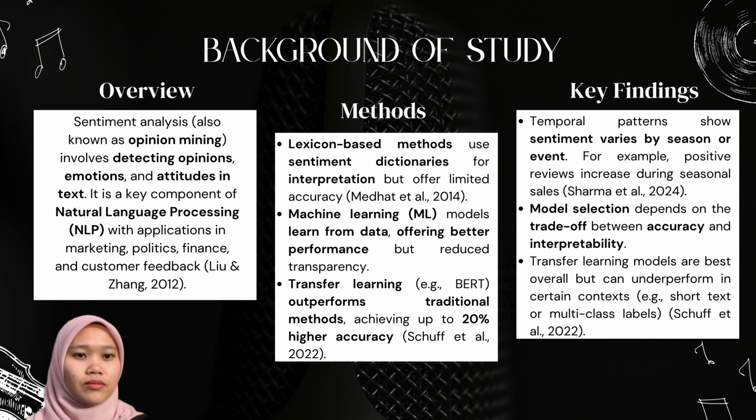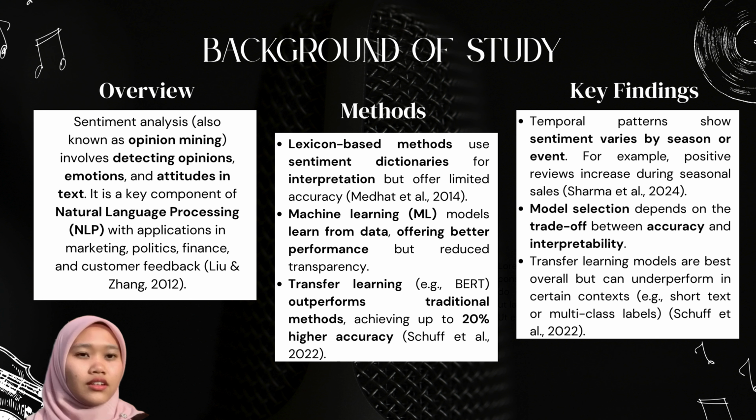Despite its progress, sentiment analysis still faces several challenges. Ravi from 2015 points out that current models often struggle with sarcasm, irony, and informal language. Zhang, Wang, and Liu from 2018 highlight the role of deep learning in addressing some of these issues, but much work remains.